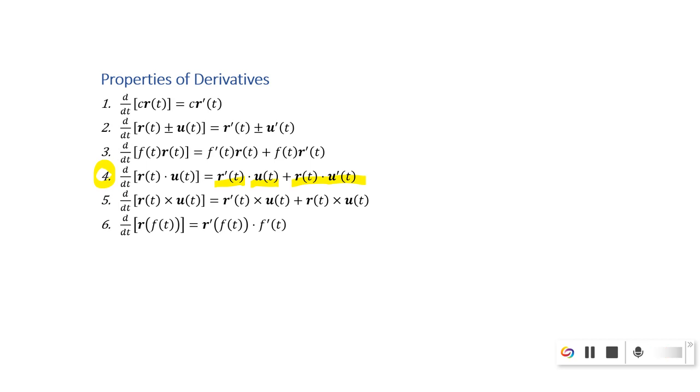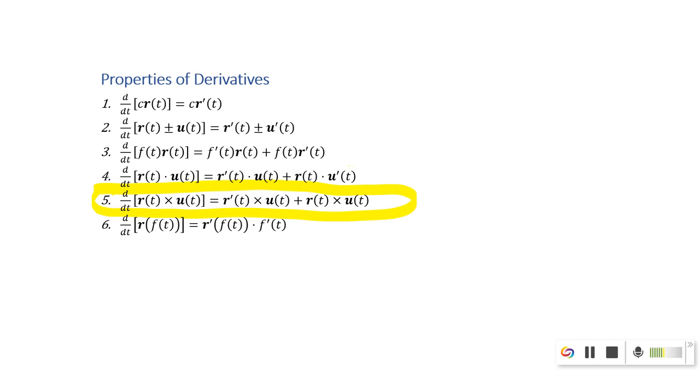We can apply the product rule to a cross product as well. I guess the only thing I should point out is when you're taking a cross product, the order matters. In properties 3 and 4, the order of that multiplication doesn't matter, so if you switch up the orders, it doesn't matter.